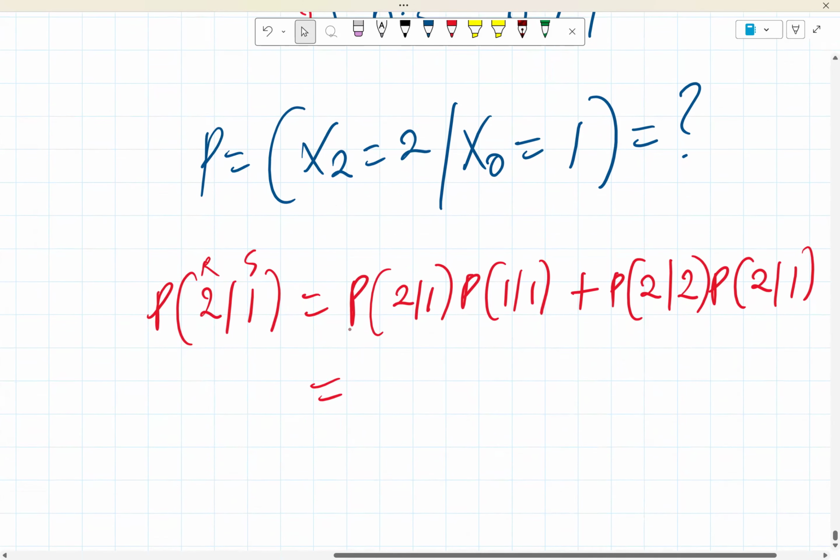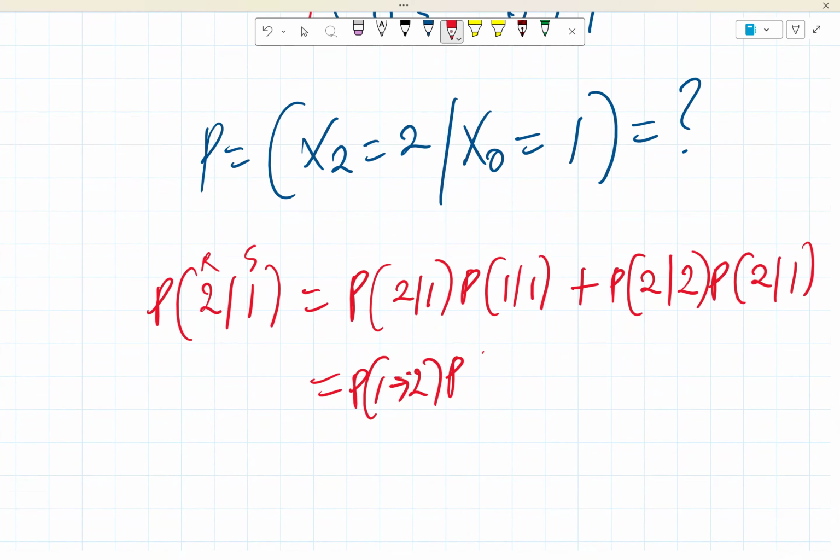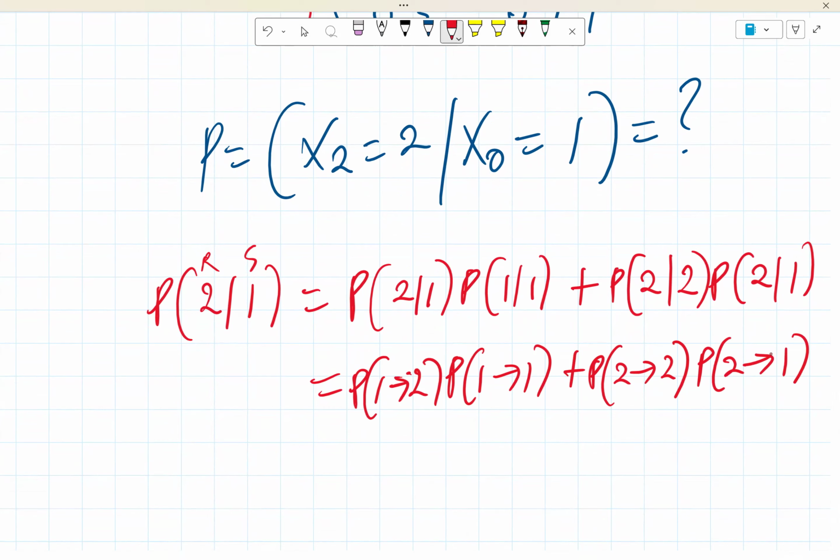To make it make sense, to avoid confusion, 2 given 1 means 1 has happened, then we go to 2. So 2 given 1 is probability 1 moves to 2. 1, 1 is 1 to 1. 2, 2 is 2, 2. Then 2, 1 is probability that 2 moves to 1.